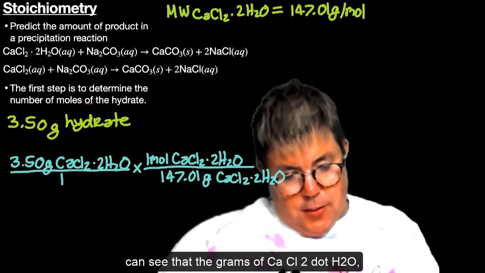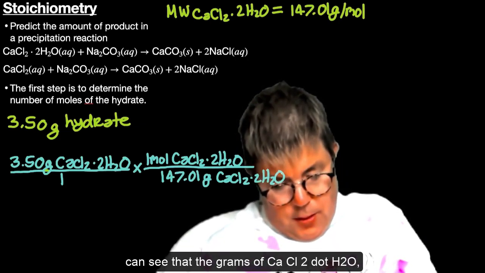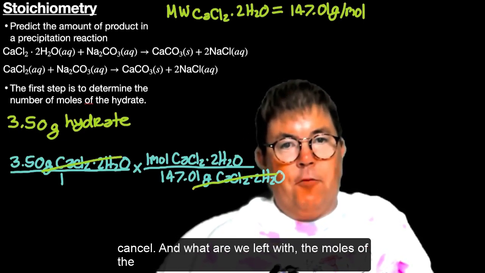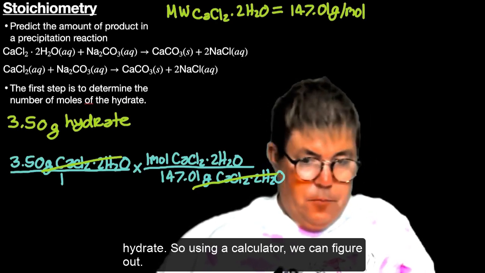So now we can see that the grams of CaCl2.2H2O cancel. And what are we left with? The moles of the hydrate.